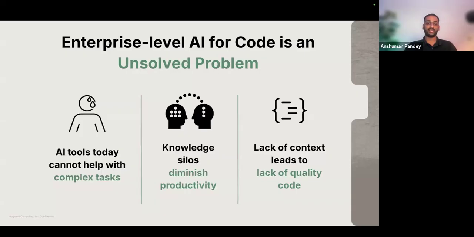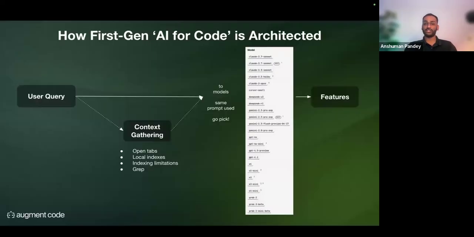So with this in mind, let's take a look at how the first generation AI for code tools are architected. They're all generally following the same pattern. They take the user prompt and do some basic searching across the code base. They're going to use things like grep. They treat code like flat text, and off-the-shelf algorithms are incorporated, such as ASTs or Merkle trees.